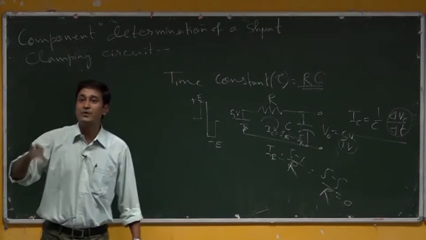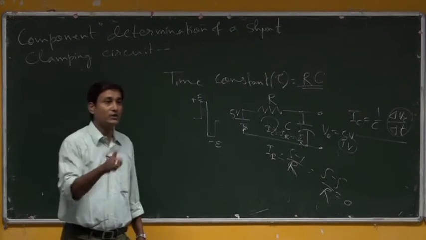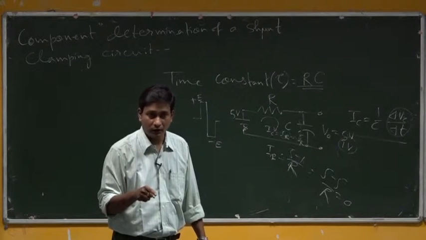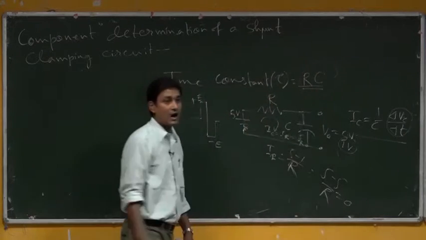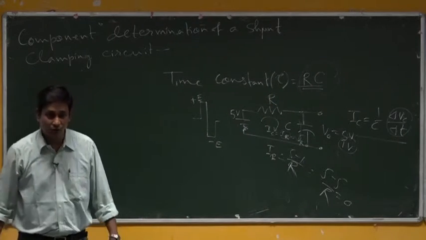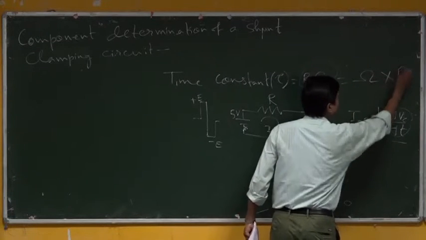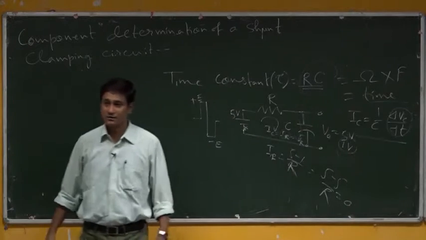How that time will be decided, that after a particular time this will be charged to the full E volt, will be decided by these R and C values, where R will be in ohm and C will be in farad, and finally this will be of unit time.